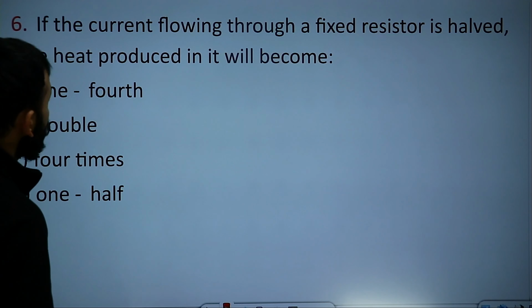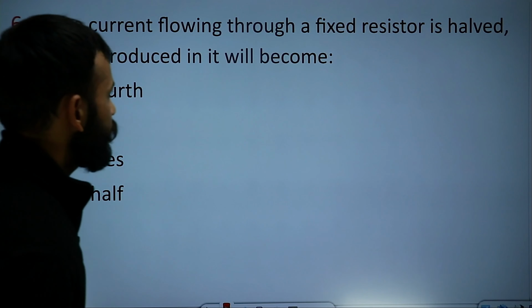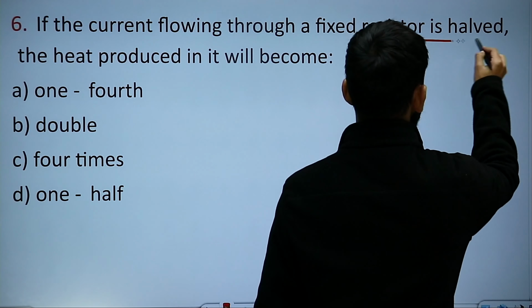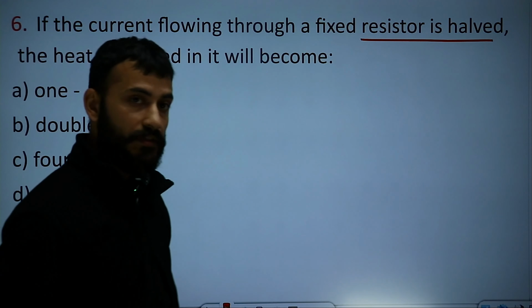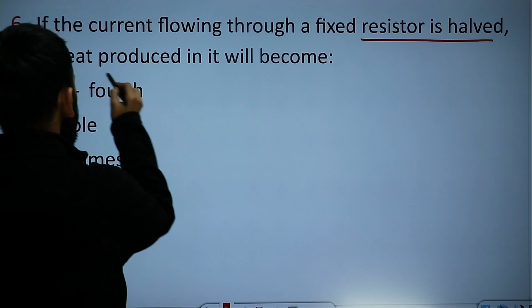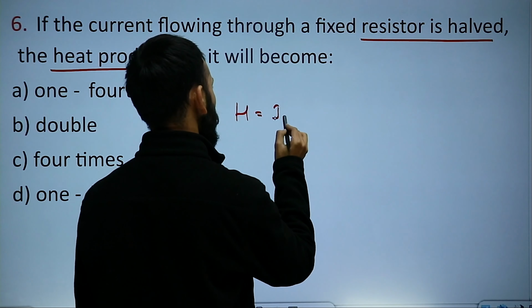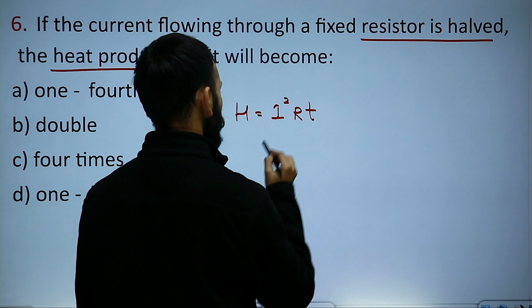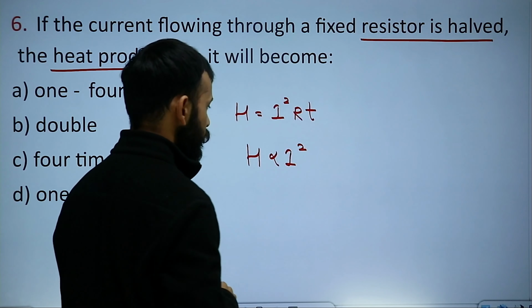Next question: if the current flowing through a fixed resistor is halved, then what happens to the heat produced? We already discussed that heat is equal to I square RT, so heat is directly proportional to I square.